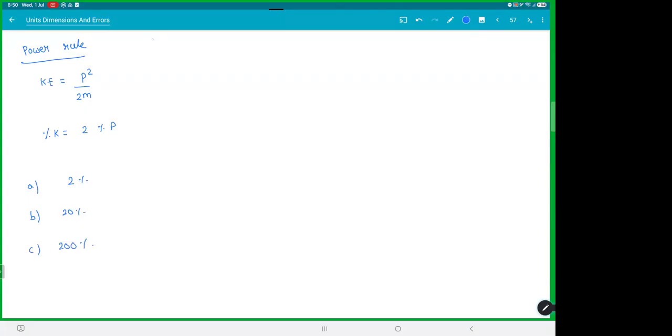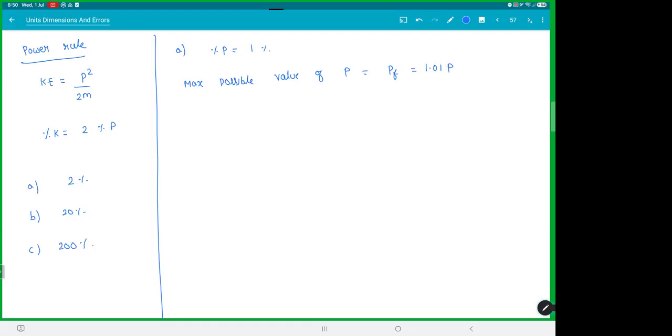Okay. Now, let's see, actually, if I try to do it normally without using the power rule, how do we handle this? Look at this. So percent error in P is 1%, meaning the momentum has increased by 1%. So the maximum possible value of P is 1% more, so P final can be taken as 1.01 P. Is that making sense?